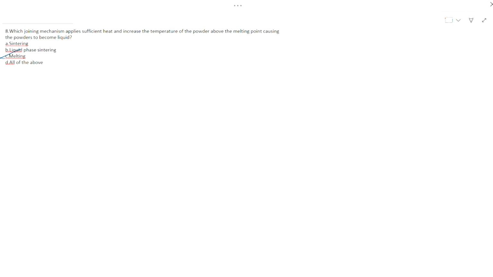But in liquid phase sintering, as we discussed many times, the temperature is between half of the melting point and the melting point, and there we have a low sintering temperature. So the correct option here is the melting process.